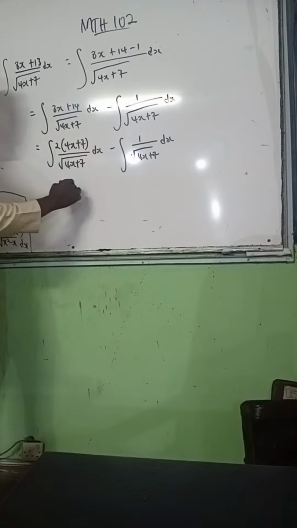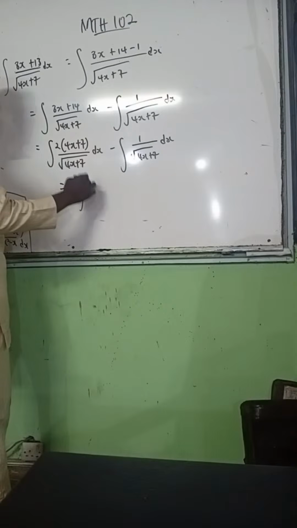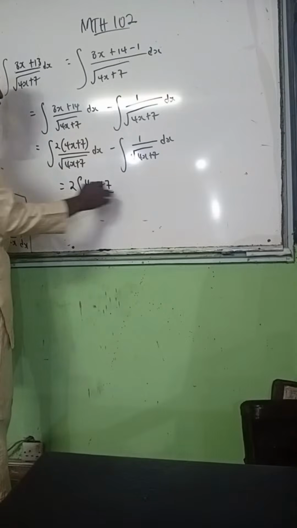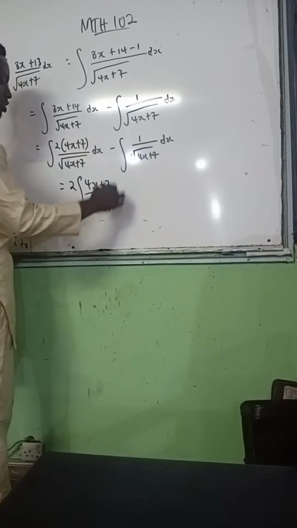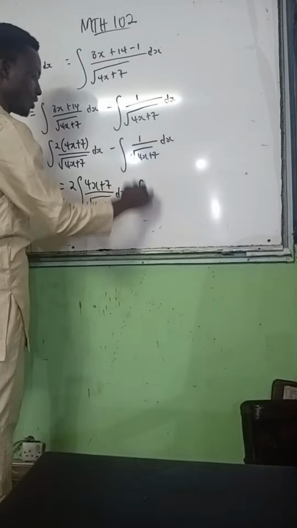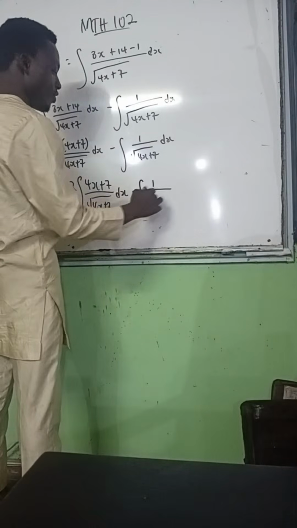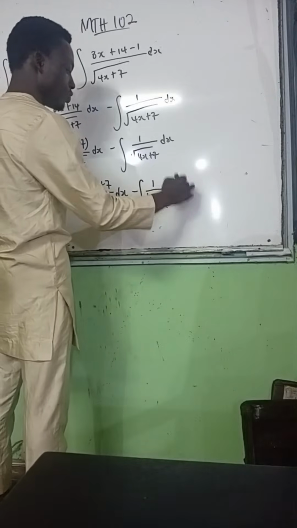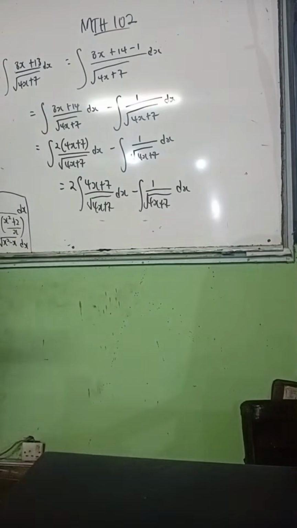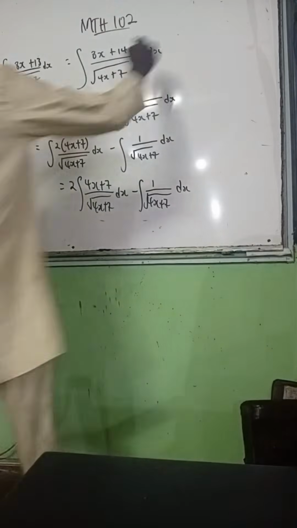We have 2 integral of 4x plus 7 over root 4x plus 7 dx minus integral of 1 over square root of 4x plus 7 dx. Are we clear with that? Because I'm about to clean the board.